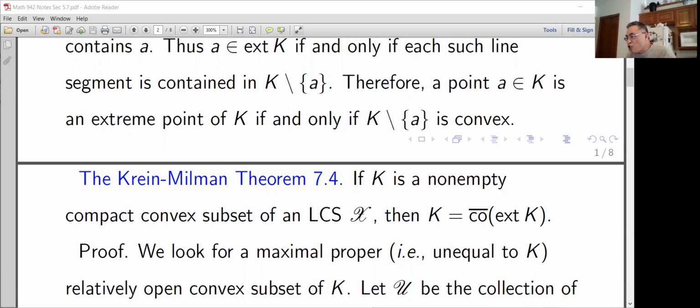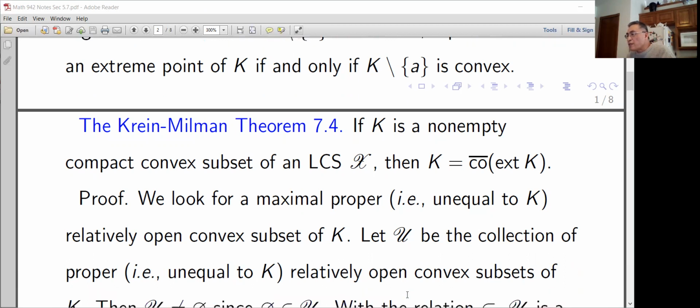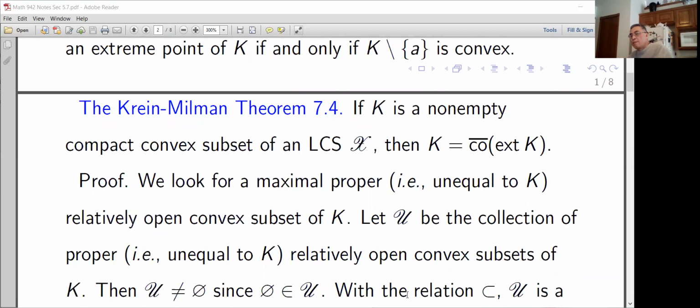So let U be the collection of proper, meaning unequal to K, relatively open convex subsets of K. This set has three conditions: it is proper, it is open, and it is convex.